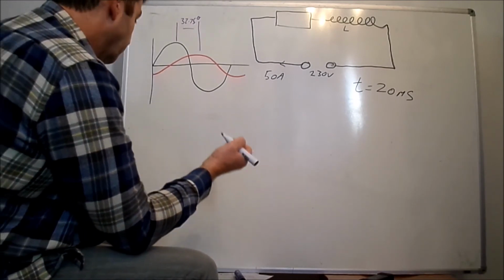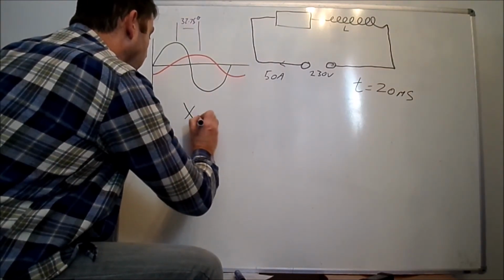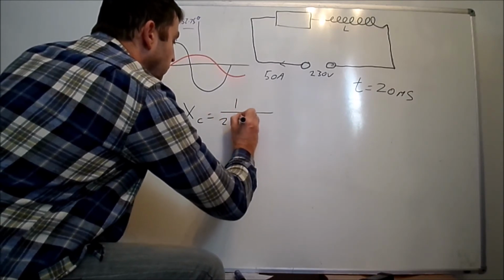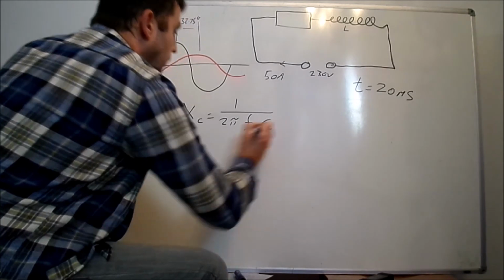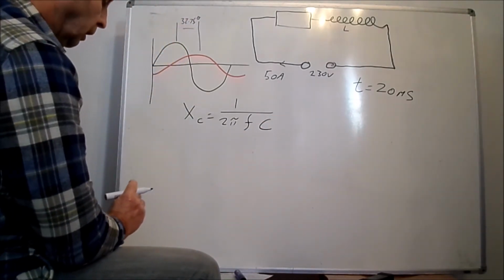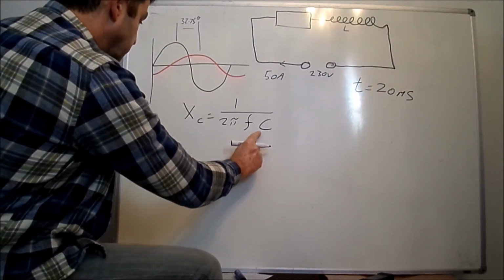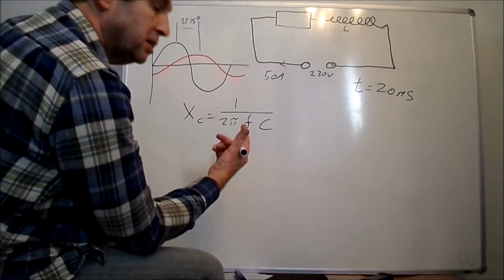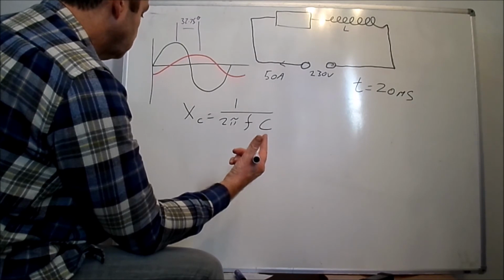And if you remember, our capacitance formula, XC, is equal to 1 over 2 pi times the frequency times the capacitance. So we want the value of this, and we know this XC is going to be the same as our XL value, so we'll just drop that in.